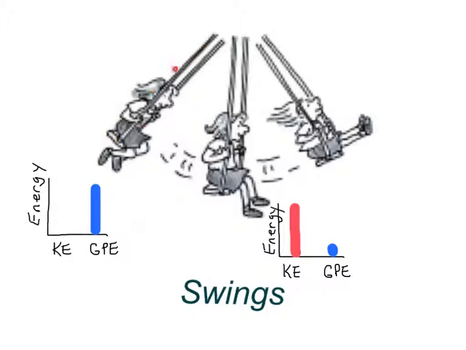That swing has just stopped and is changing direction. So this is almost entirely gravitational potential energy, going along with this graph.